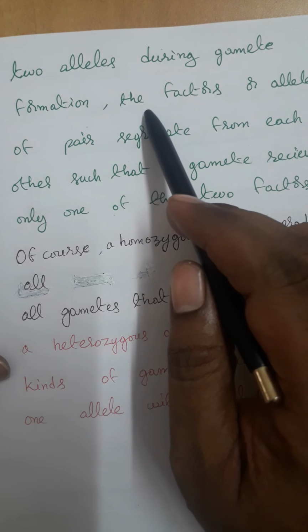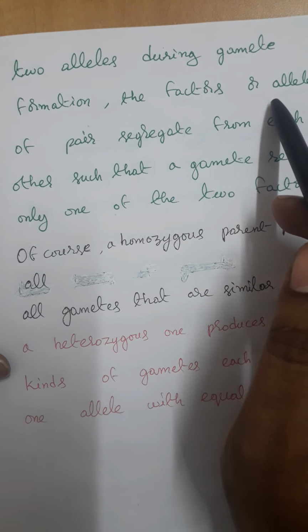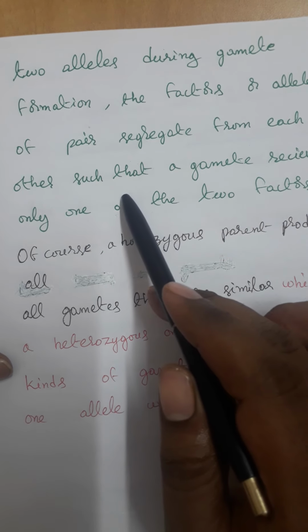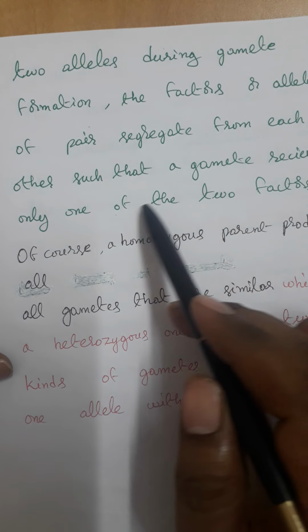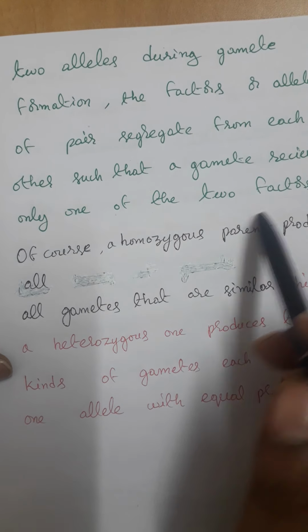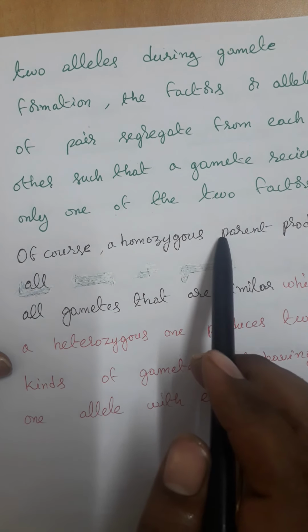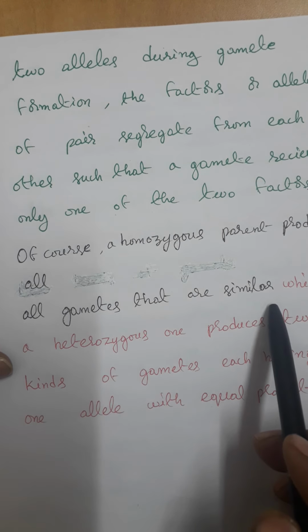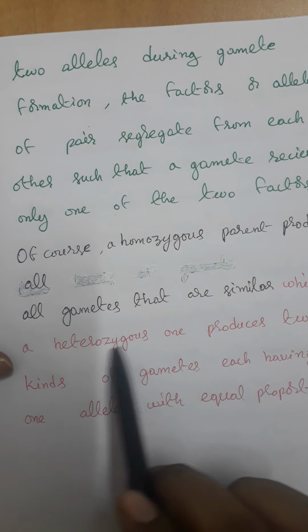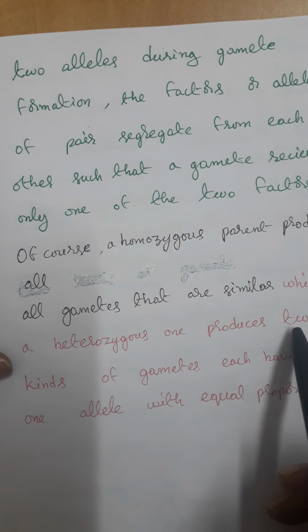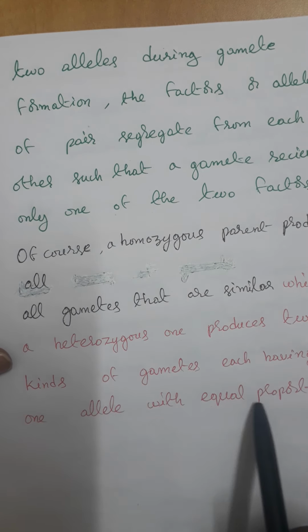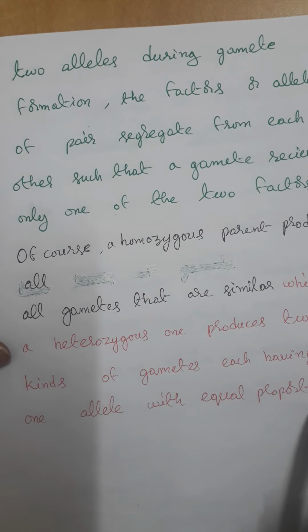During gamete formation, the factors or alleles of a pair segregate from each other such that a gamete receives only one of the two factors. Of course, a homozygous parent produces all gametes that are similar, while a heterozygous parent produces two kinds of gametes, each having one allele in equal proportion.